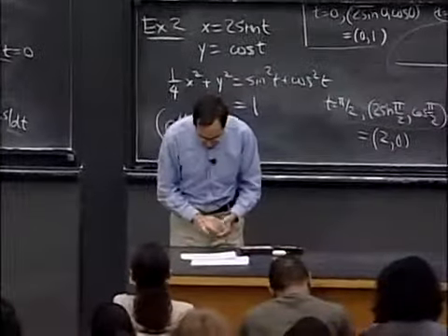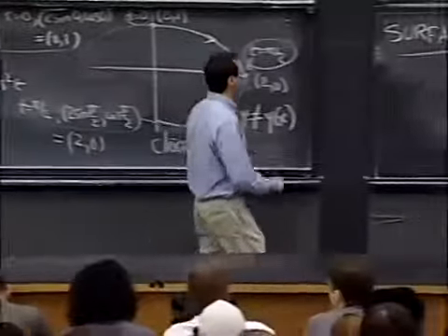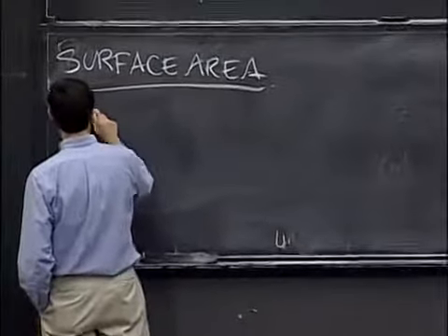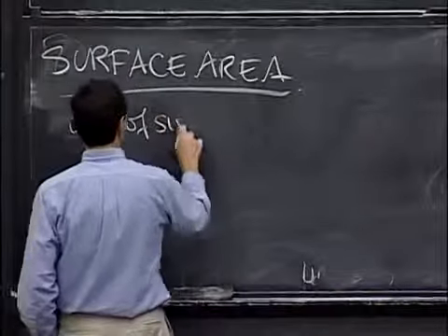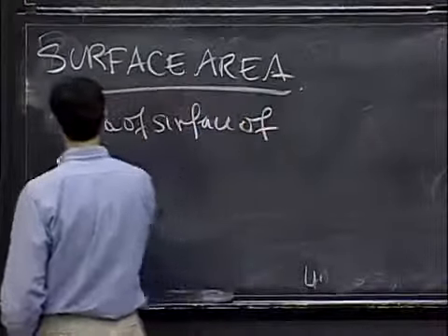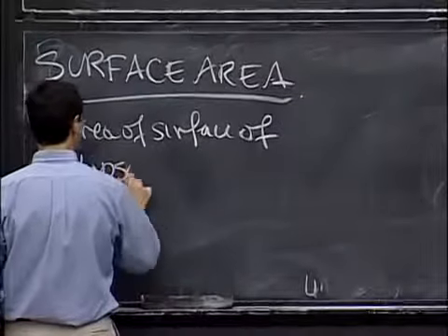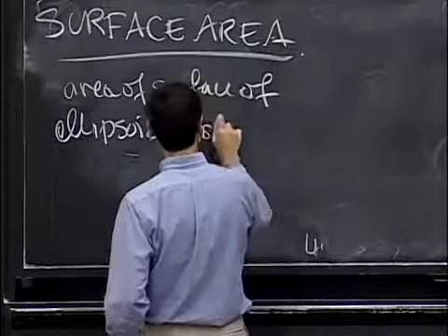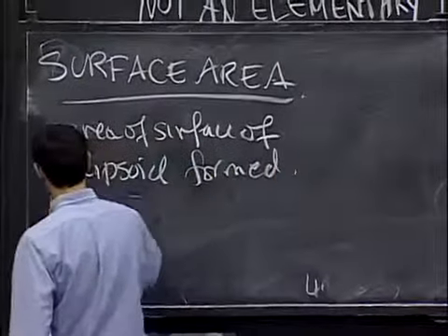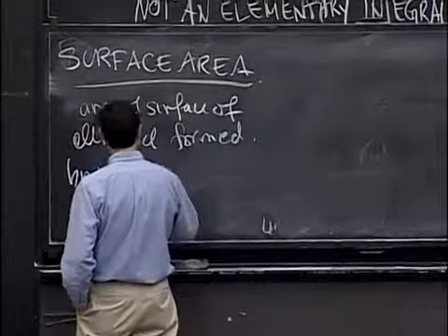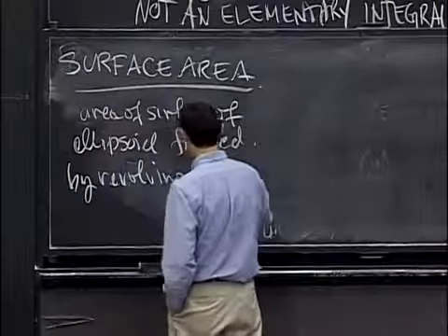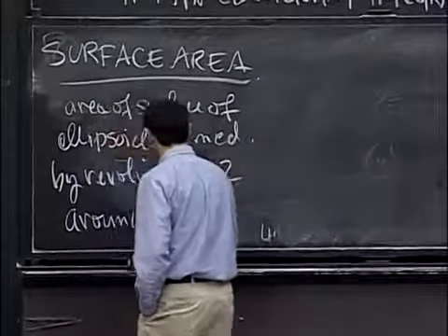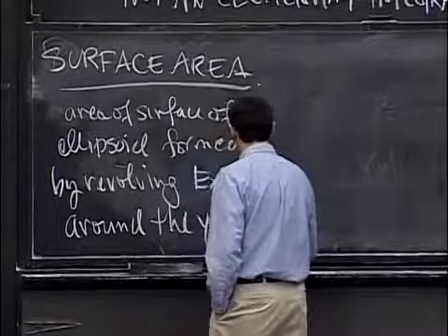Now I want to do this surface area example. I'm going to take the surface area of the ellipsoid formed by revolving this previous example, which was example 2, around the y-axis.